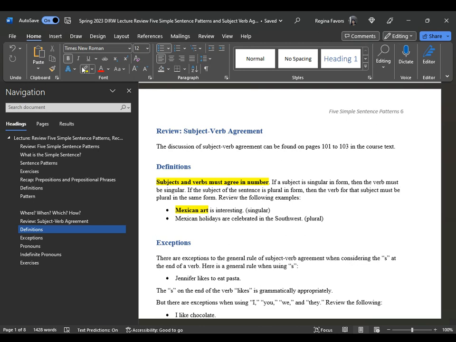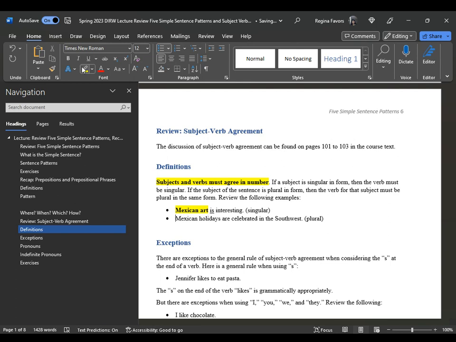You can have different types of art under one genre of art or one cultural phenomenon of art, but we're talking about Mexican art. Here's your verb, singular. If we were talking about Mexican art pieces of a particular time period, then the verb will be plural.